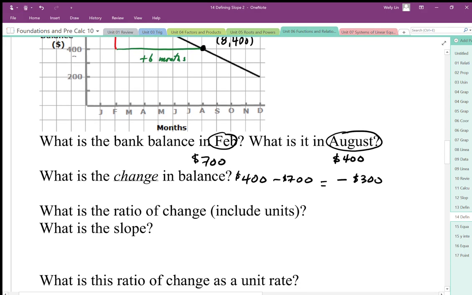So the ratio of change is going to be negative $300 compared to 6 months of change.